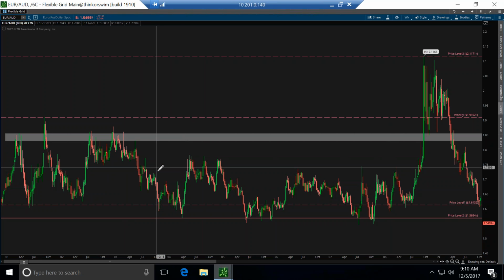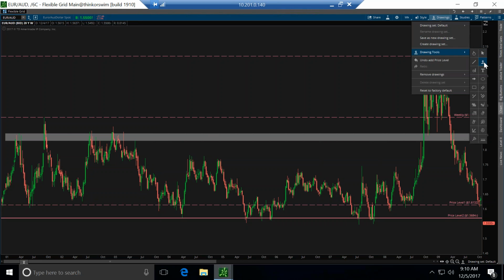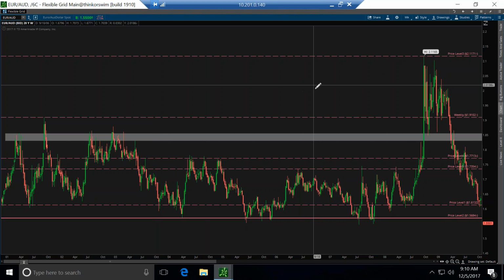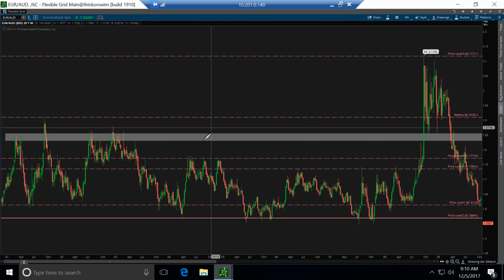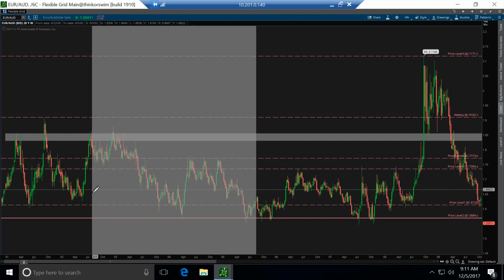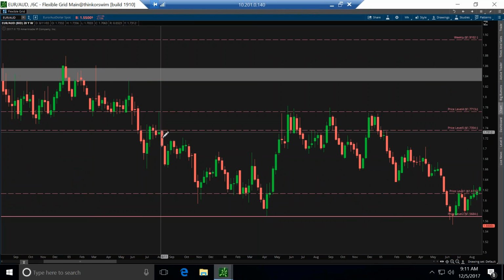And you can see it all kind of sticks within this level here. So you could do one of two things. You could use this, it's a strong wick up. If I zoom in, it's a strong wick up and then a quick rejection off of it. And then if you look to the right, it held multiple times.